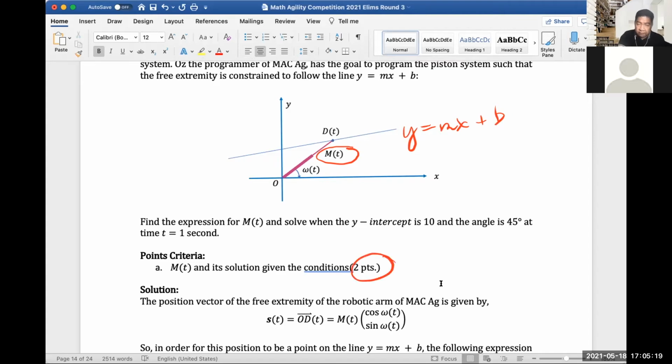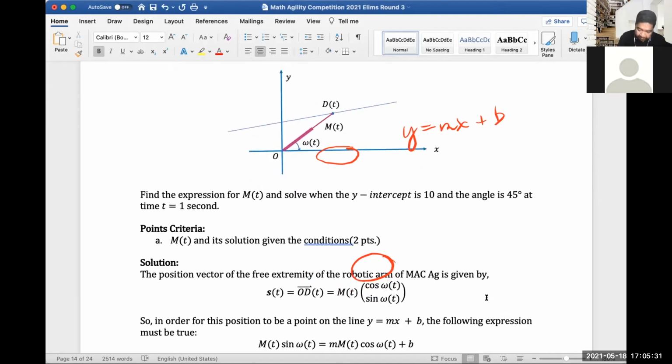The first thing we need to do is to take the position vector of the free extremity of the robotic arm Mac AG given by S of t, right? It's the displacement or the position.